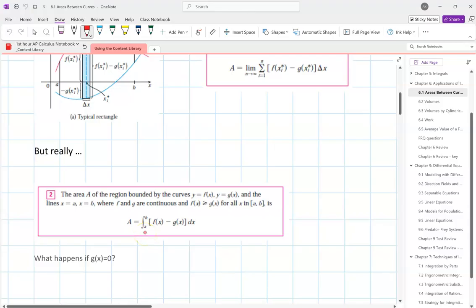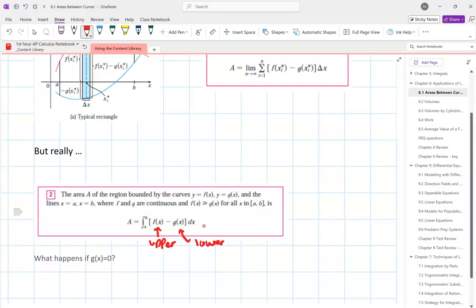So the area between the two curves is just the integral from a to b of f of x minus g of x dx. It is important that f is the upper and g is the lower. You guys okay with what I mean by upper and lower?